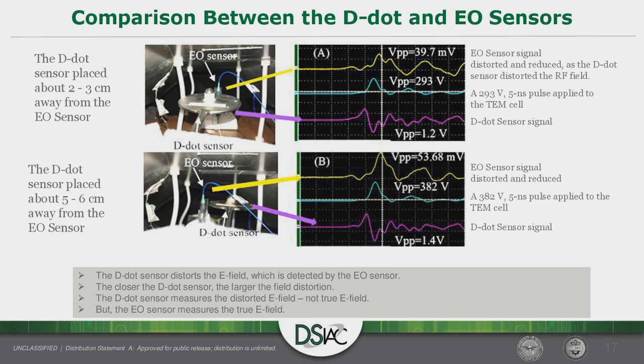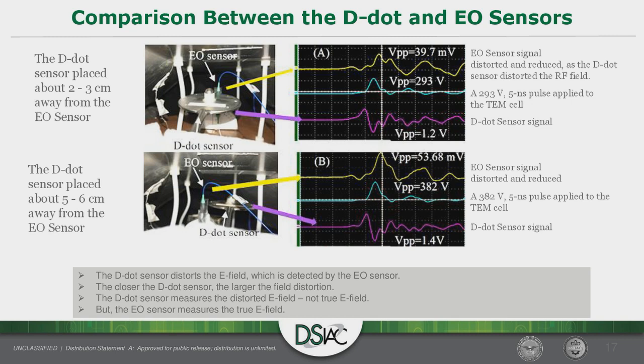If you separate the EO and DDOT sensors a little further, let's say 5 to 6 centimeters from the DDOT sensor, it becomes a little better, but the DDOT sensor still distorts the waveform.